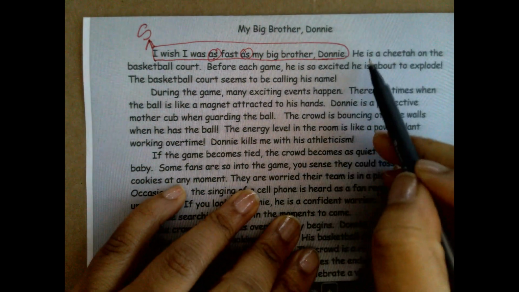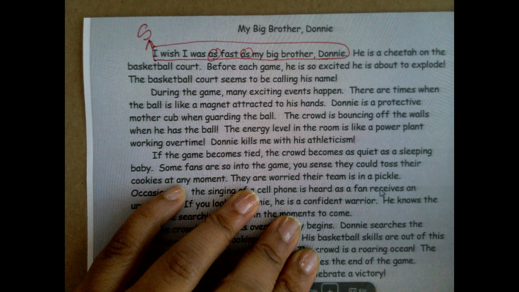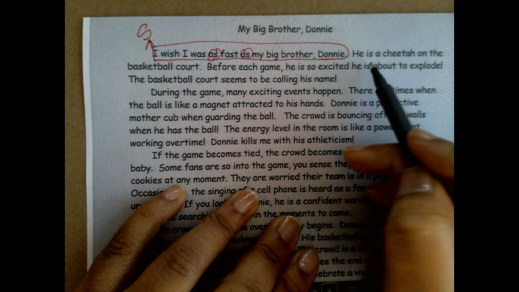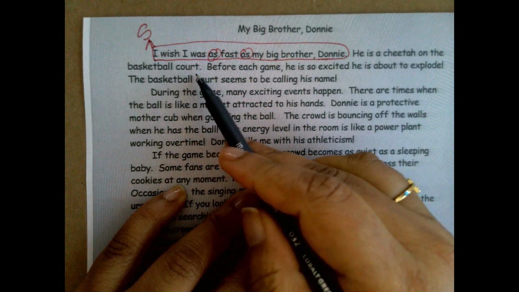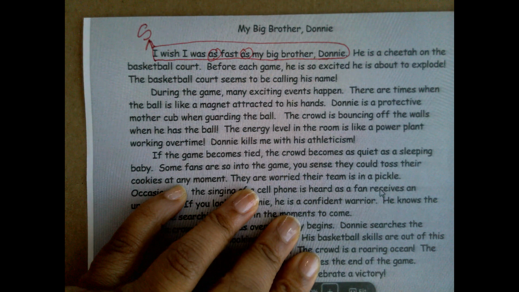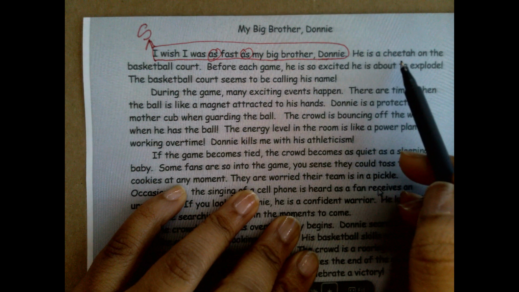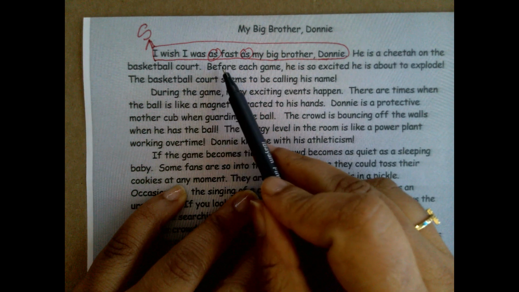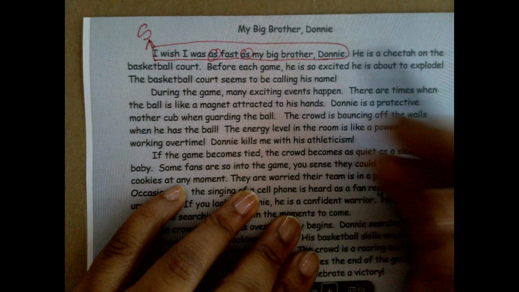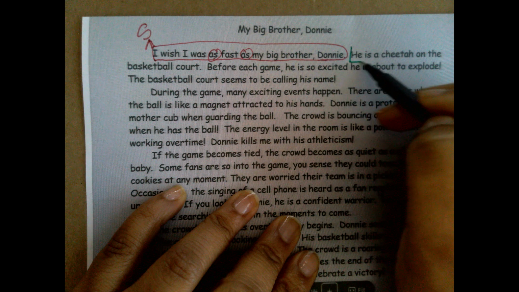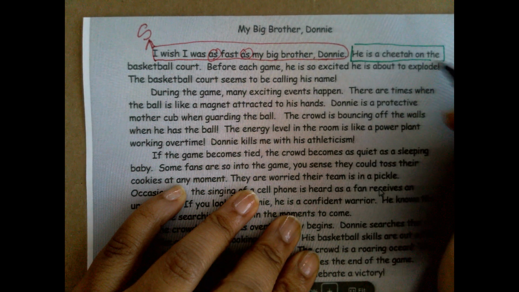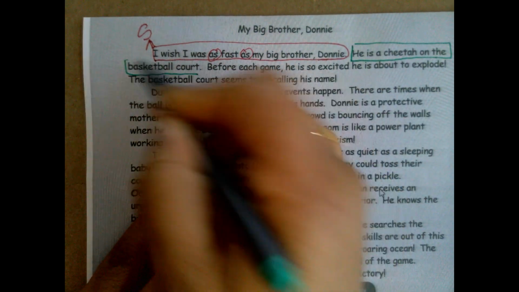So I'm going to go to the second sentence, and I'm going to have my green marker. He is a cheater on the basketball court. This is saying that Donnie is a cheater, but it is not using as, or it's not using like. Oh, so this must be a metaphor.